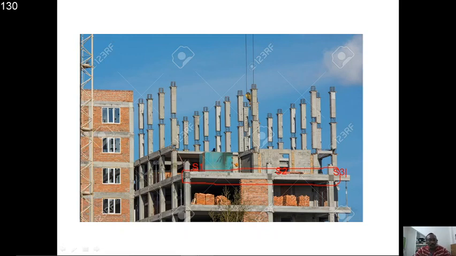Similarly, on the other side you can see a number of supports: support 1, support 2, support 3, support 4, support 5. So this is a continuous beam. This is also a continuous beam, and similarly here also we have a continuous beam.